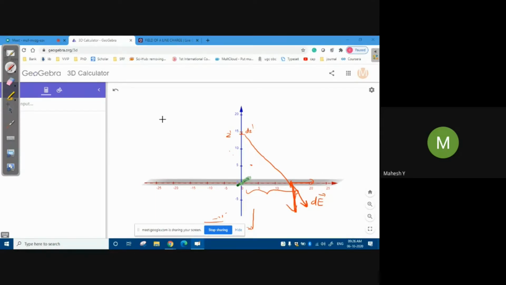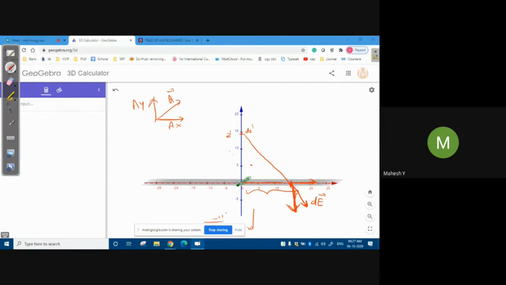We studied this one. If a vector A is there, I can split it into two components, one along the x-axis, another along the y-axis. This is the vector A, this is Ax, then this will be Ay. So similarly, can you tell me what is this component and what is this component? In which direction is this?